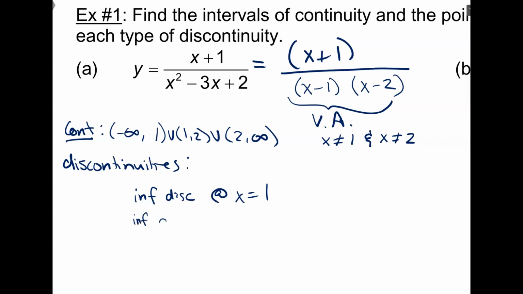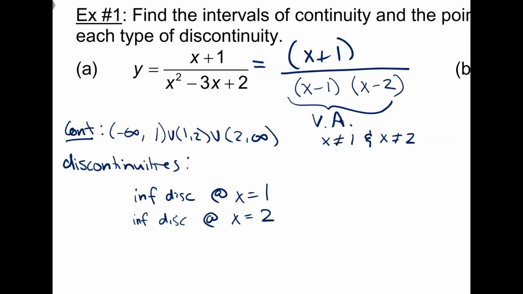And I know I'll have an infinite discontinuity at x equals 2, because that's where I have another asymptote. It could be that both are going towards positive infinity, both towards negative infinity, or maybe one goes towards one and the other towards the other. When you're approaching an asymptote, you're just going towards infinities. Cool, and that's it. That's all we had to do for A.